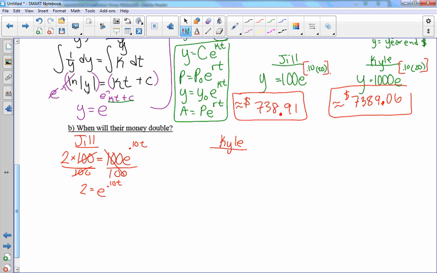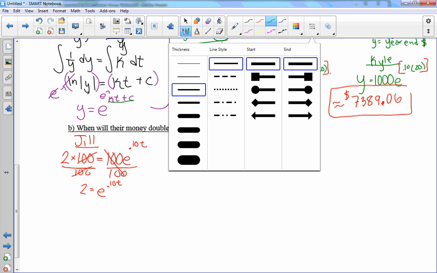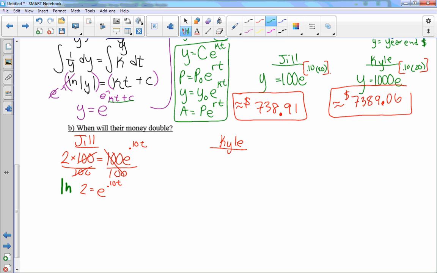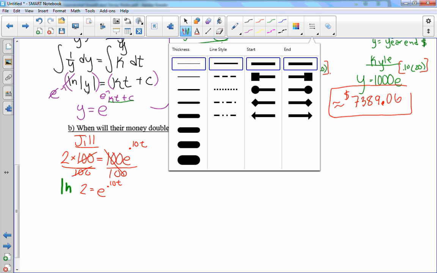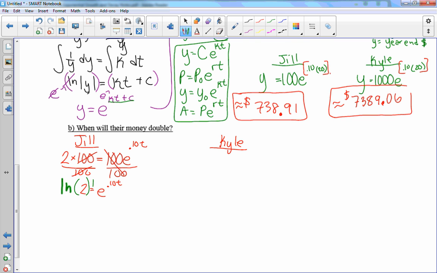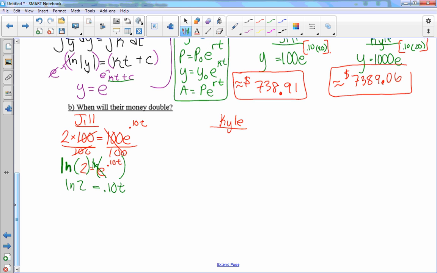Rebecca, what did you do on those sides? Natural log. That's the inverse of the e, right? Take the natural log of everything. The e and natural log cancel out, bringing the exponent down. Natural log 2, divide by 0.10, divide by 0.10.